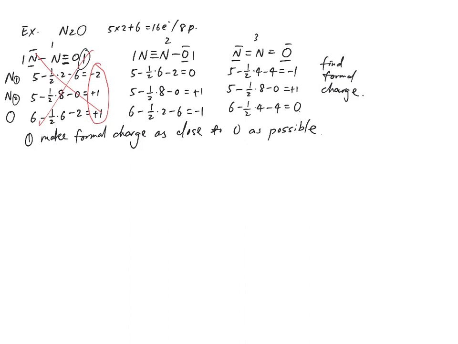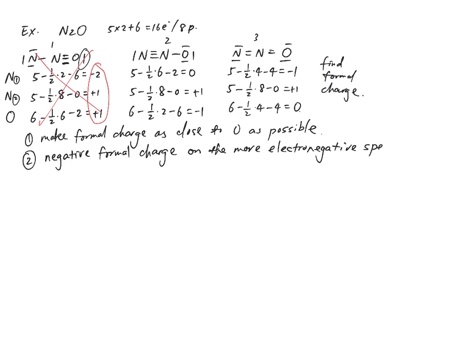And this is where your rule number 2 should kick in. Rule number 2 goes as: we prefer the negative formal charge on the more electronegative species.